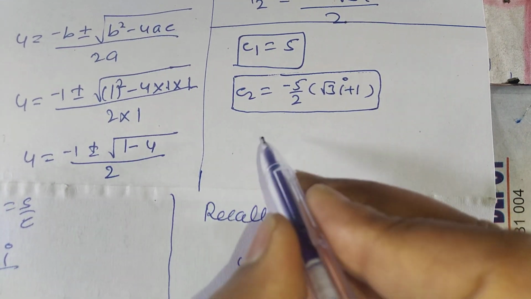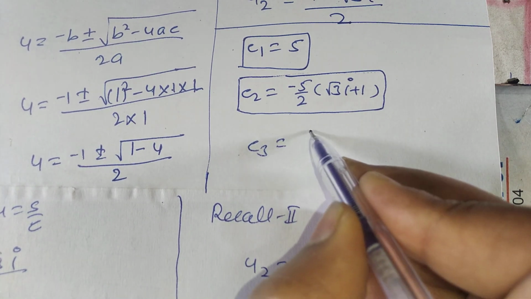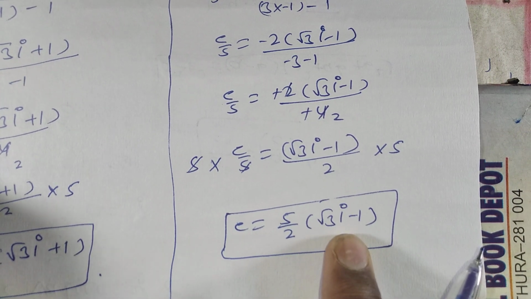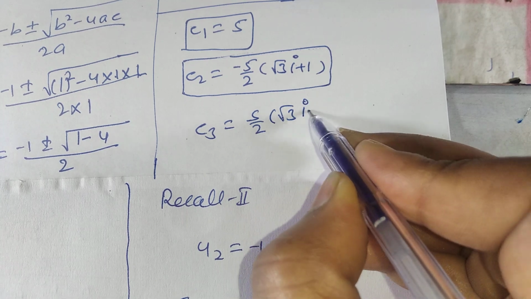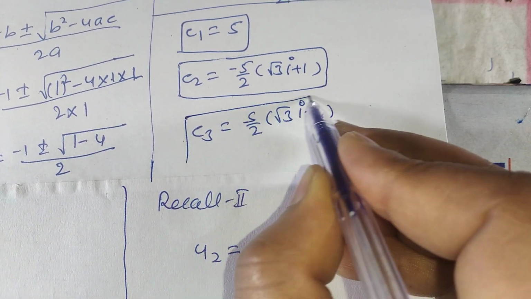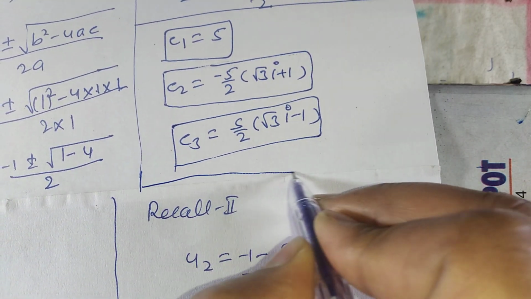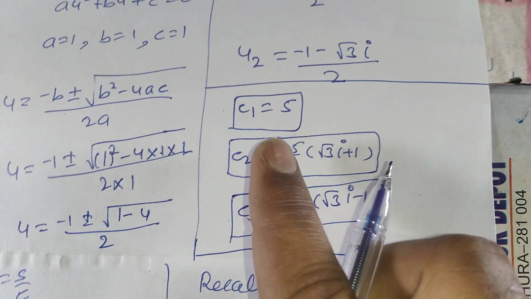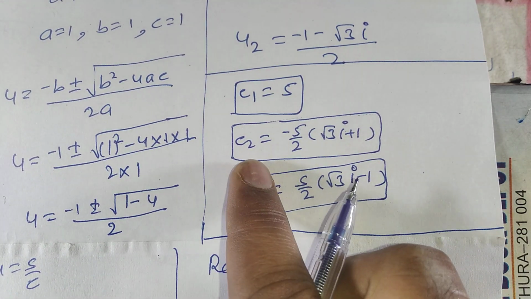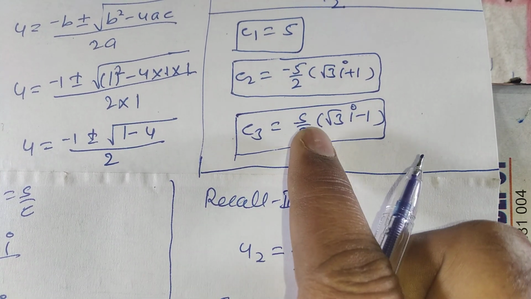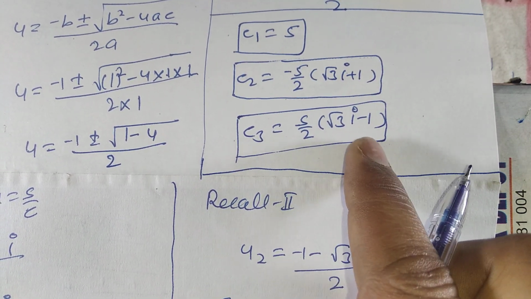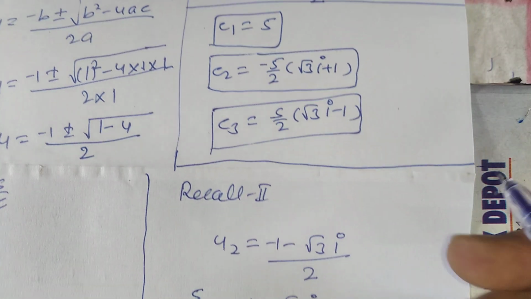C3 is equal to 5 by 2 square root of 3 iota minus 1. We are getting the three values of C: C1 is equal to 5, C2 is equal to minus 5 by 2 square root of 3 iota plus 1, C3 is equal to 5 by 2 square root of 3 iota minus 1. This is the answer.